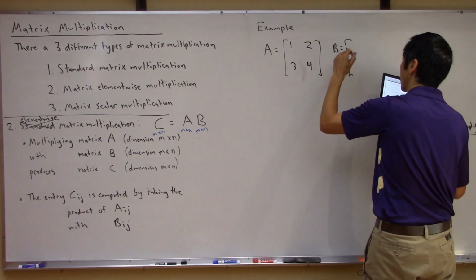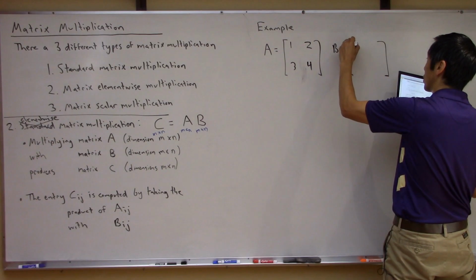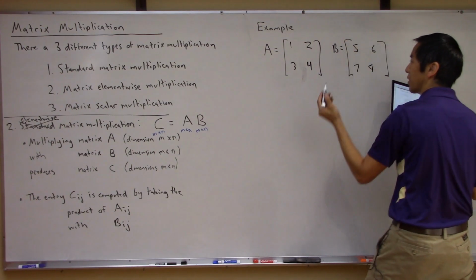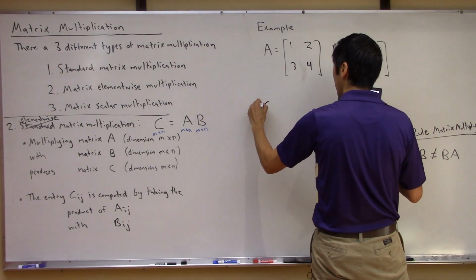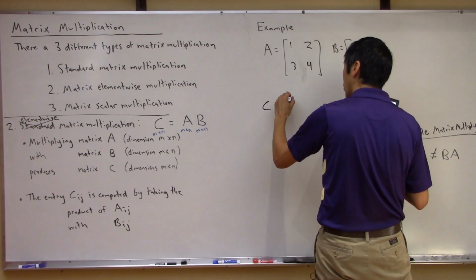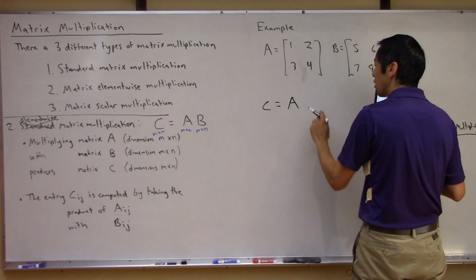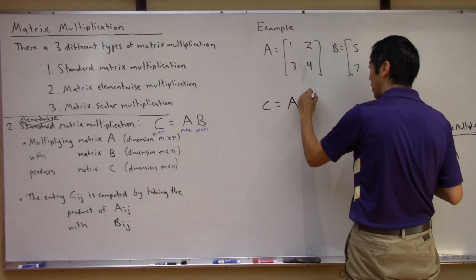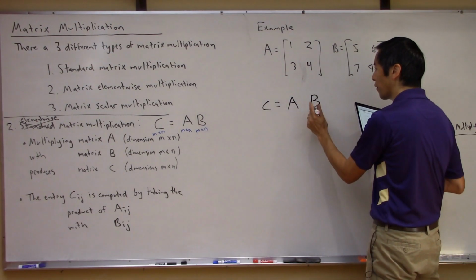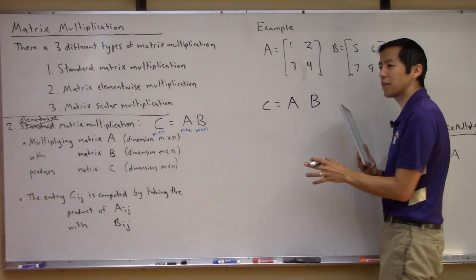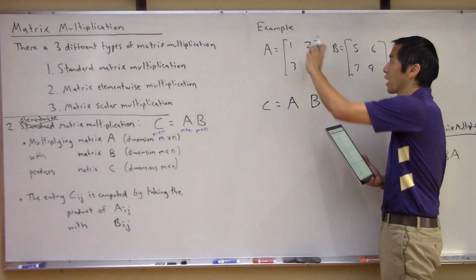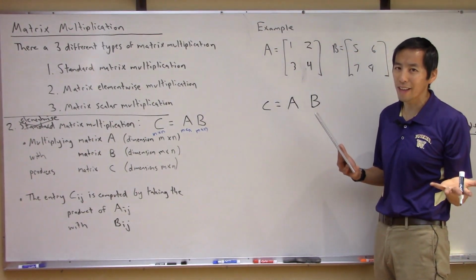It's got to be the exact same size, so it has to be a 2 by 2. Let's just keep going. 5, 6, 7, 8. Something like this, right? And now C is going to be, now this is where it's interesting. Our notation is a little bit failing, right? Because we saw earlier, if I wrote this, this means standard matrix multiplication where I got to multiply rows by columns and all of that kind of jazz, right?